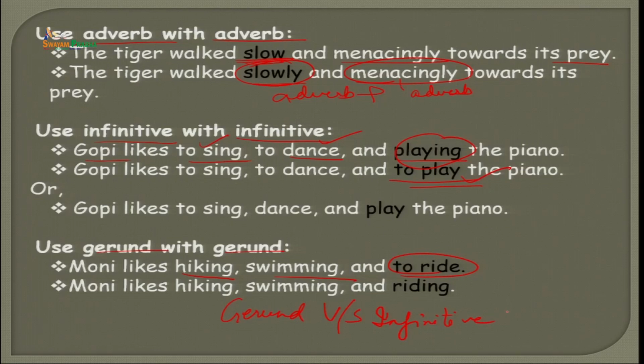You all must have a deeper knowledge of using these grammatical structures in a perfect manner. So, what would be the correct answer? Hiking, swimming and riding. Or if I make it using the infinitives, Moni likes to hike, to swim and to ride. Will that be correct? Absolutely right. Understood? Either make it gerund plus gerund or infinitive plus infinitive.